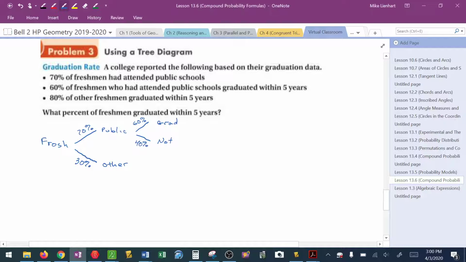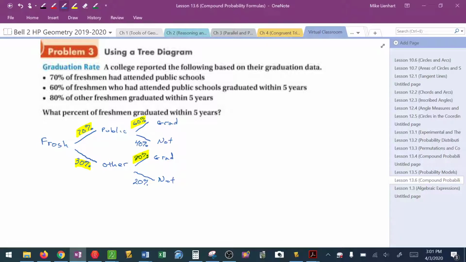It says 80% of other freshmen graduated within 5 years. So the other that graduated versus not graduating would be 80% and 20%. And they say what percent of the freshmen graduated within 5 years? So what I'm looking for is freshmen that went to public and graduated, or freshmen that went to other and graduated. And I have to put those together.